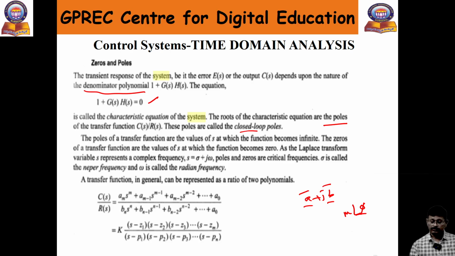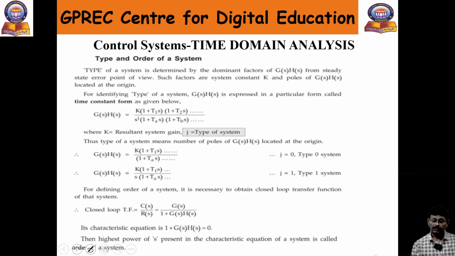The denominator represents the poles and the numerator represents the zeros. This is the general format of a transfer function in control systems, right? These are poles, these are zeros. It is one of the important representations of the control system transfer function.